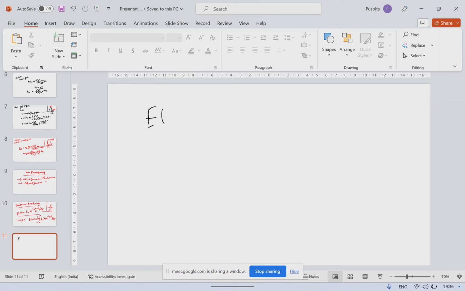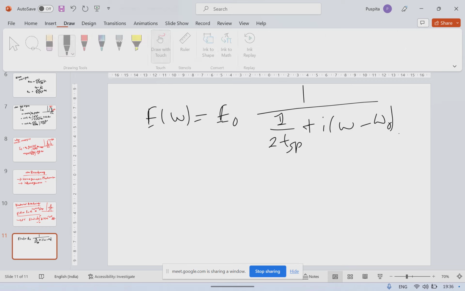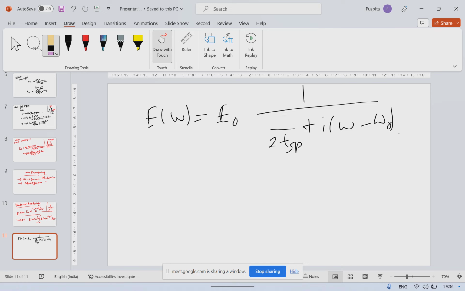So E omega will become E0 over 1 by 2 TSP plus i omega minus omega naught. There will be steps between these, and this is the final result after the integration.